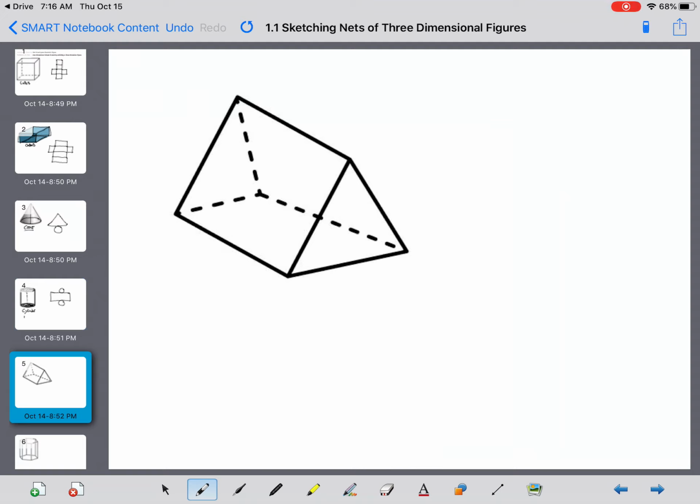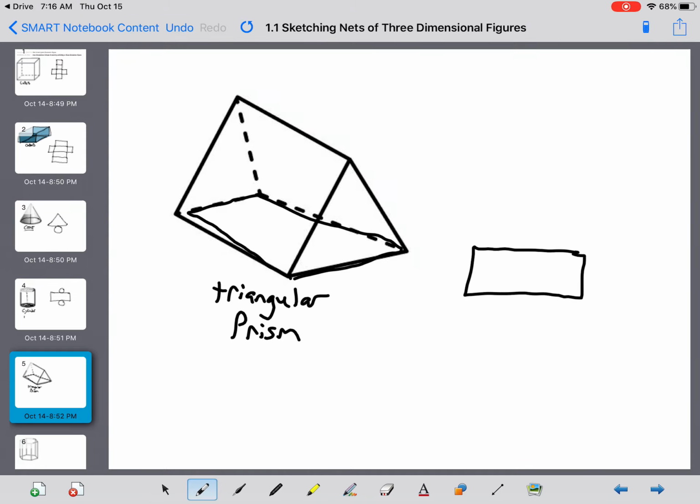Next, we have a triangular prism. The base of your triangular prism is a rectangle. So start out with that rectangular base. The sides here and here are triangles. So on the sides, fold those triangles out.